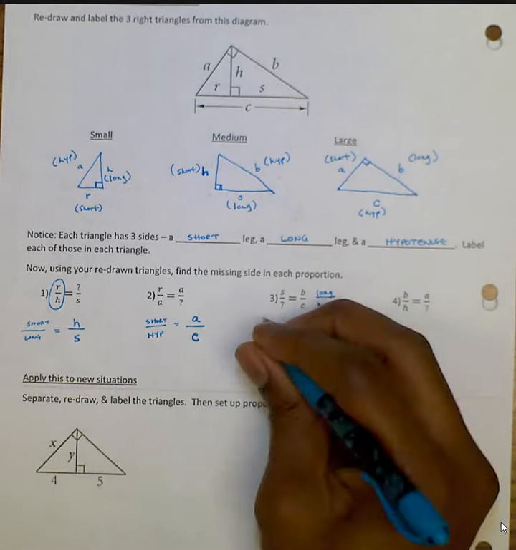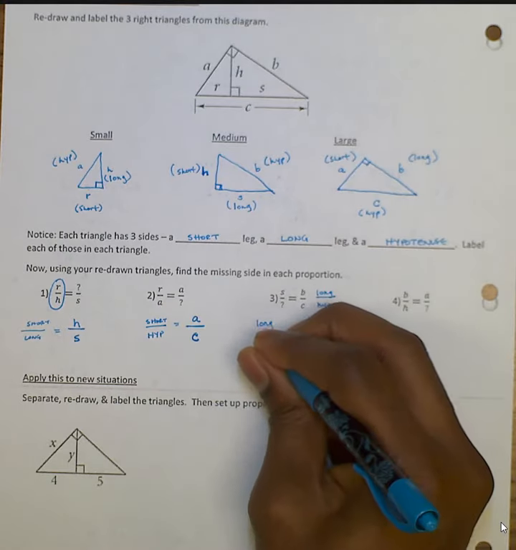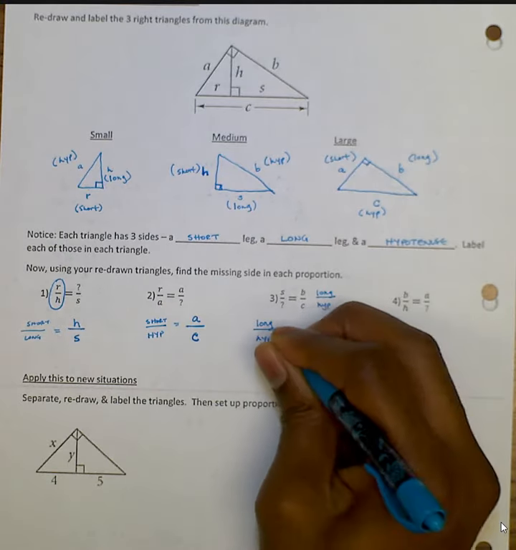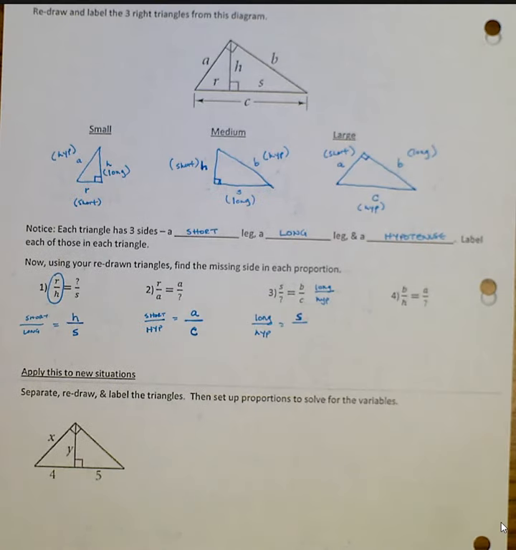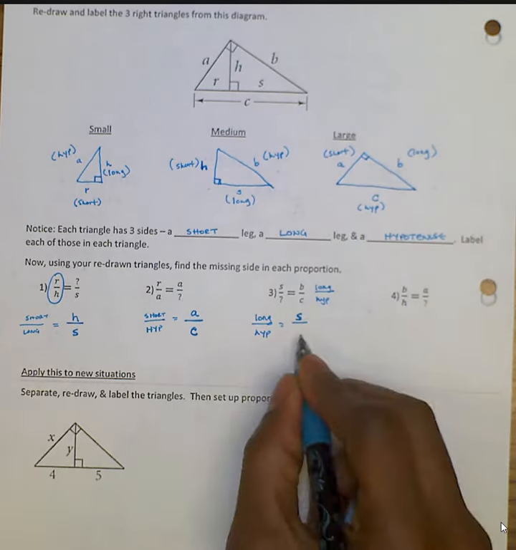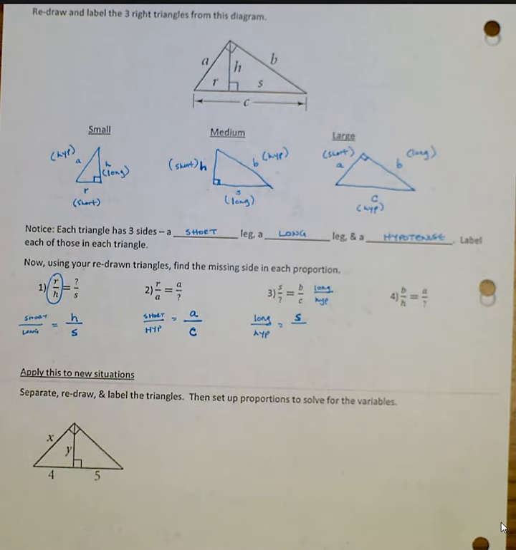So we set up that ratio, long over hypotenuse, and in our unfinished ratio we have S over something. So we need to see, where is S the long side? S is the long side in the medium triangle. Its hypotenuse would be B.